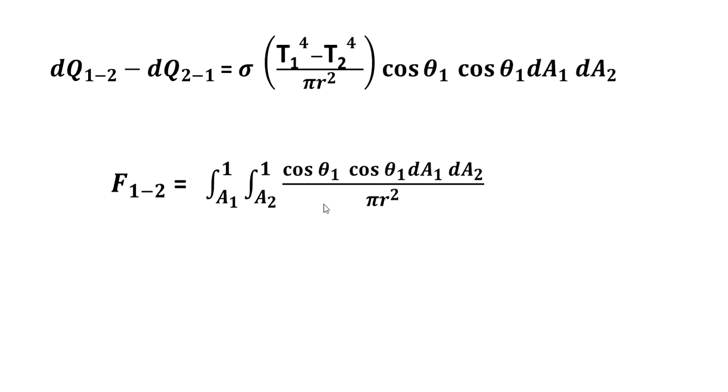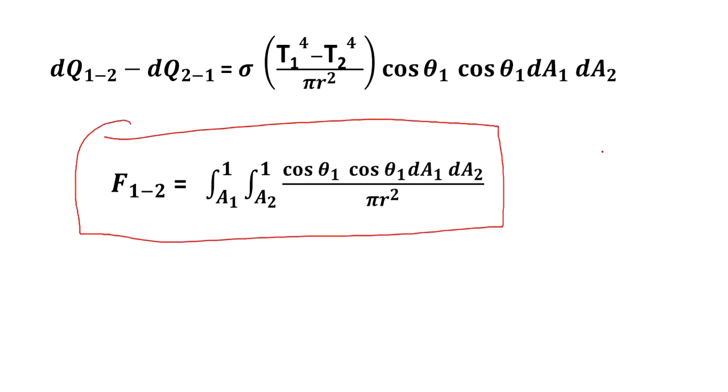Therefore, this term we see as the shape factor. What do you mean by the shape factor? If you see a particular person with your eyes, whatever shape you see that person in, that is what we call the shape of that particular person.